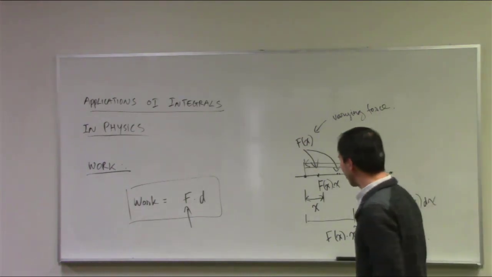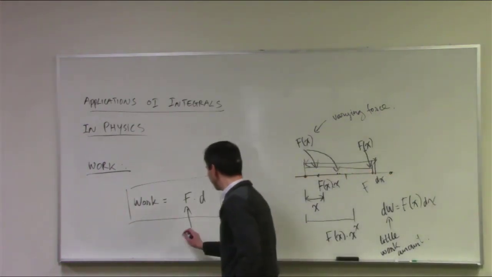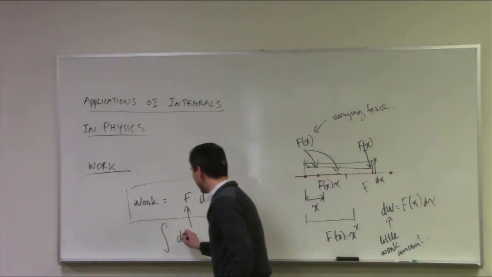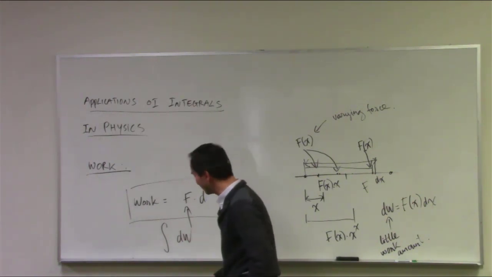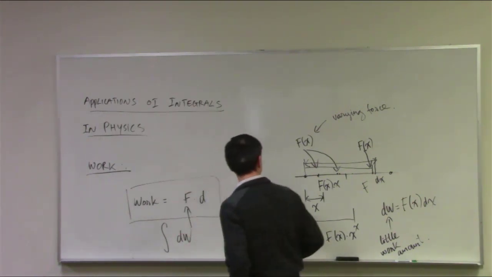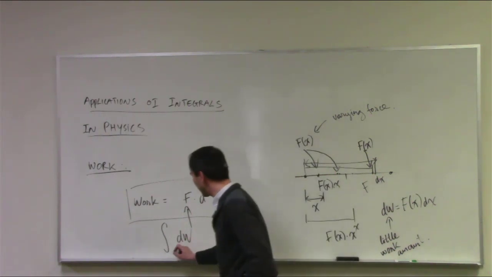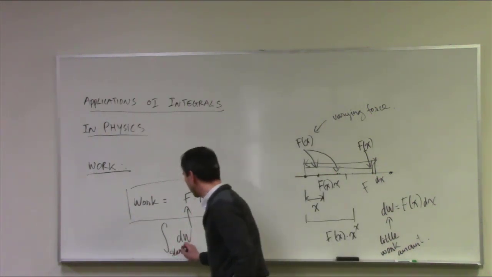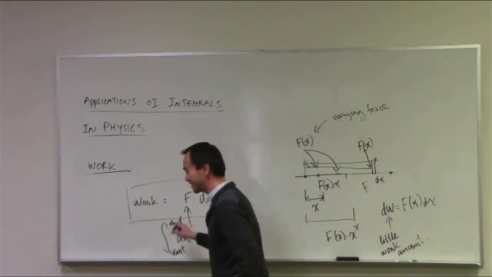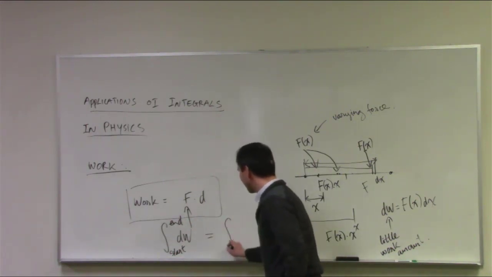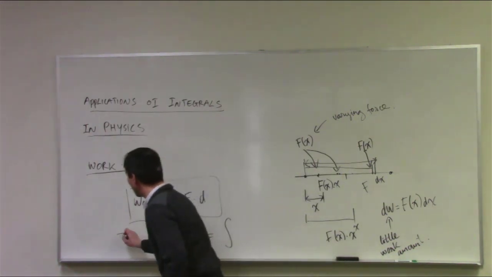And so now we're accumulating all of those little amounts of work, the dW, each infinitesimally small amount of work accumulating from some start to some end. That formula will get you the total work when we push an object along a path.